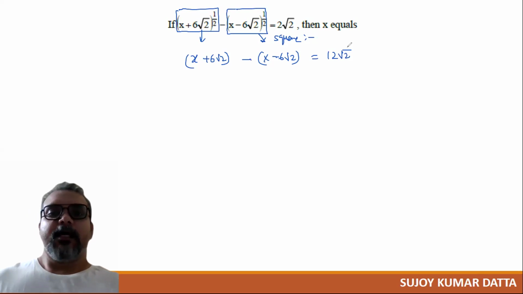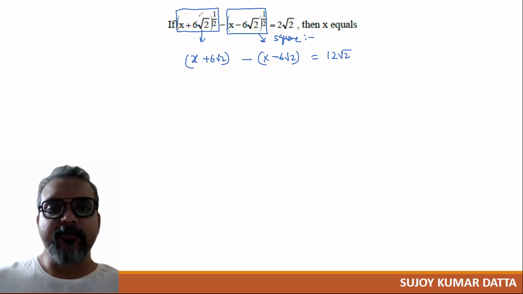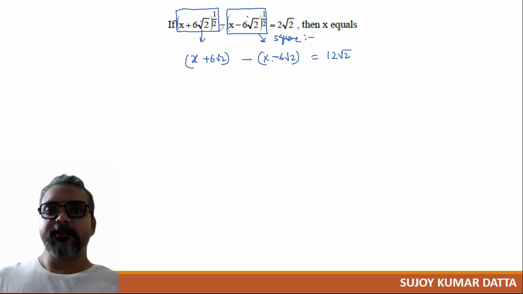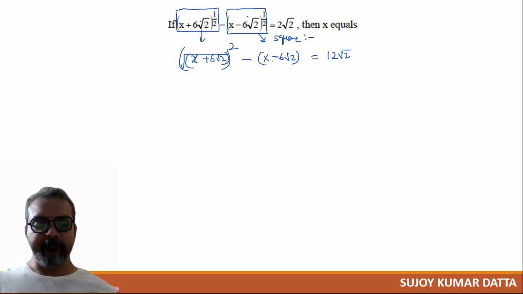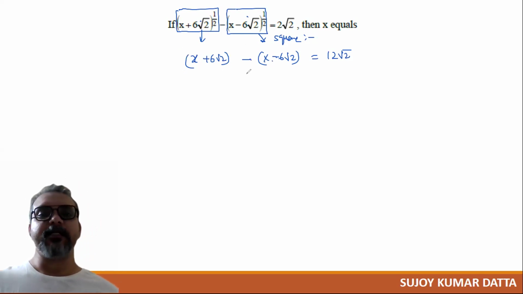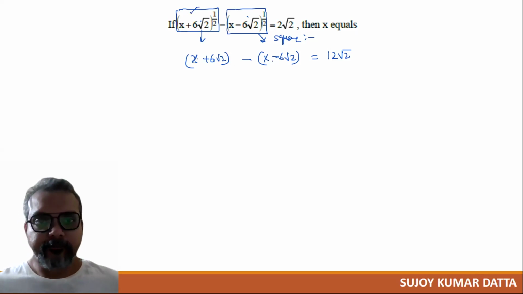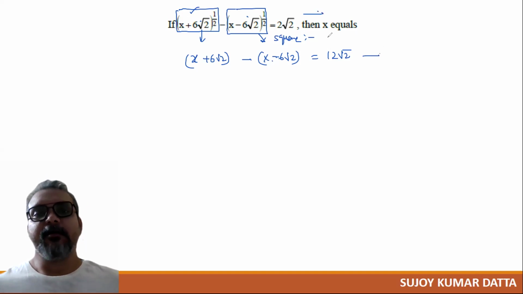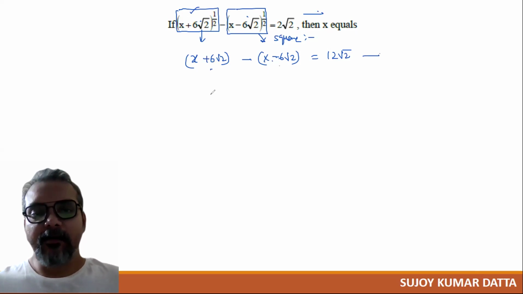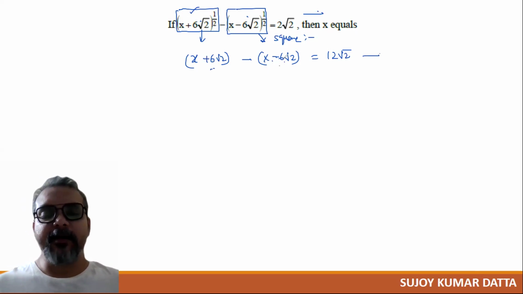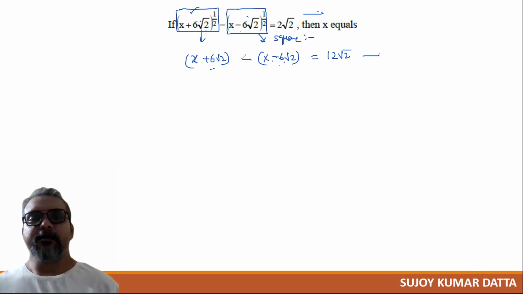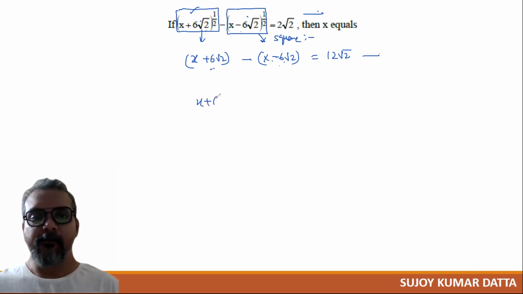Okay. Now, since this is the square of this and this is the square of this, this is the root of this whole thing squared. So it is essentially a squared minus b squared form, where a is this term here. So if I were to divide this equation with this equation, then a squared minus b squared divided by a minus b comes out to be a plus b.